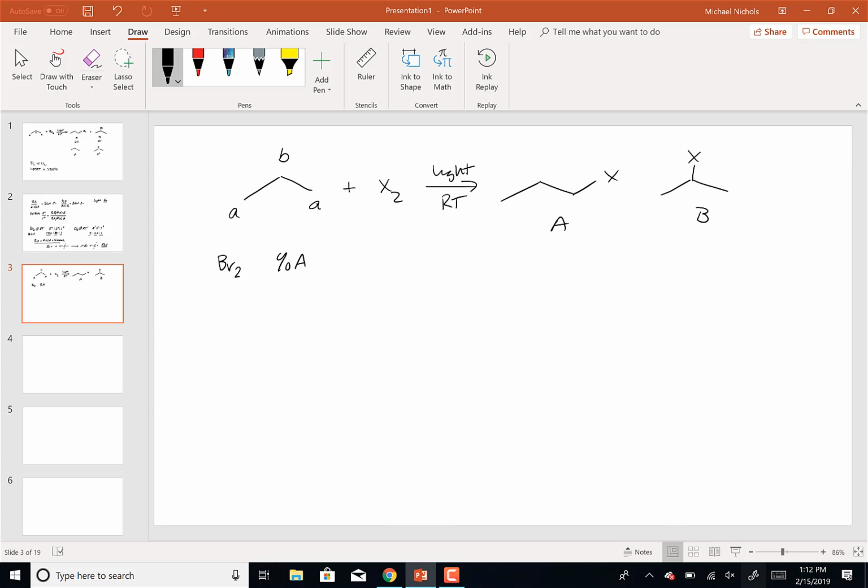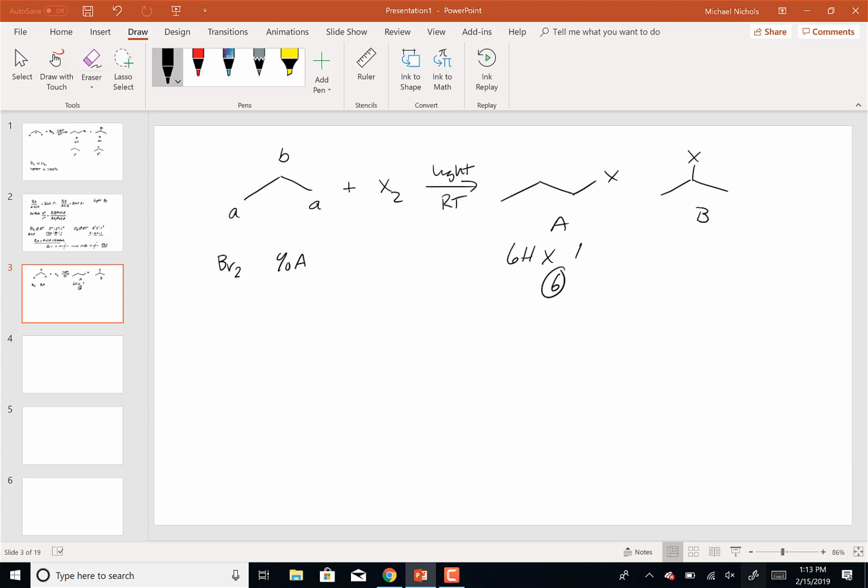So for the percentage of A, what am I going to have? Percentage of A is going to equal 6 hydrogens times what type of radical gives me product A. Primary, so its selectivity is 1. It's always 1, because everything's related to that. So it's 6 times 1, which is 6.